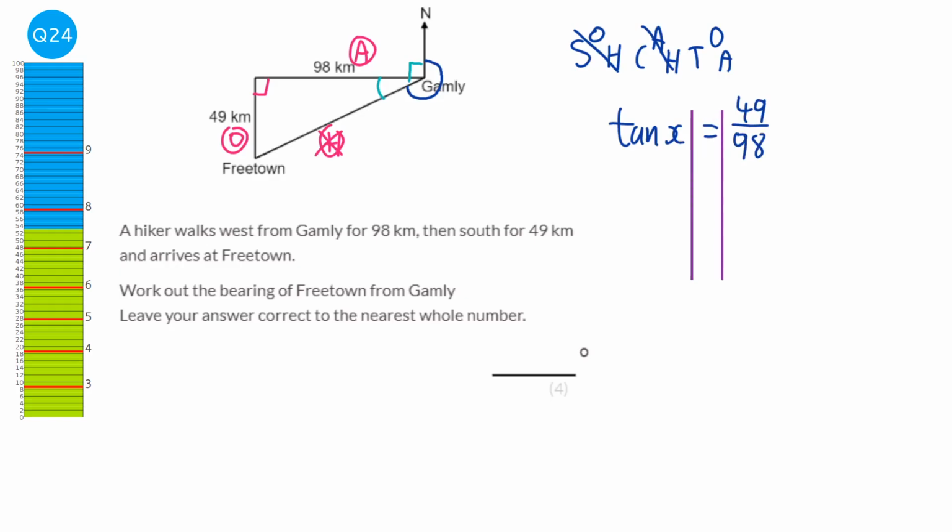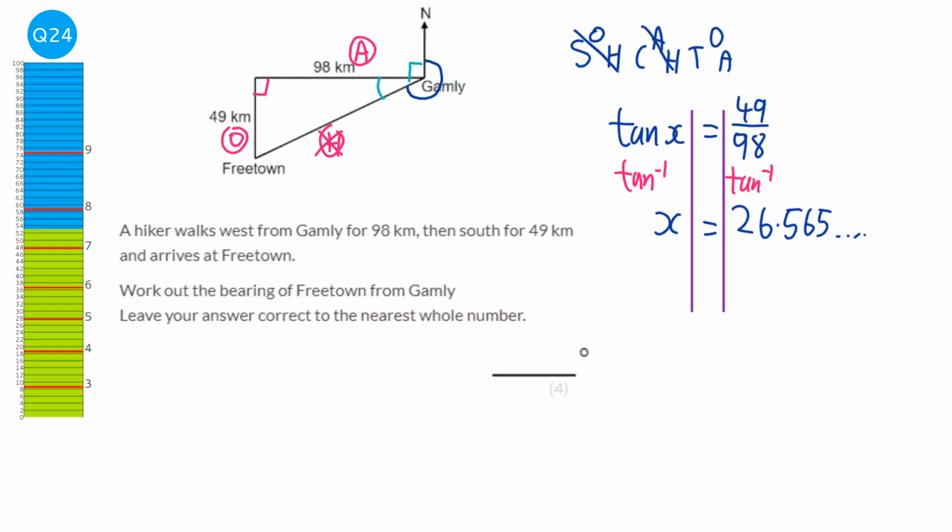Get our lines in. And we're going to do the inverse tan to both sides. So we get x equals, and we do inverse tan, which is 26.565... Okay, so we know that the whole of the way around up until this point is 270 because we've got this 90 degree left.